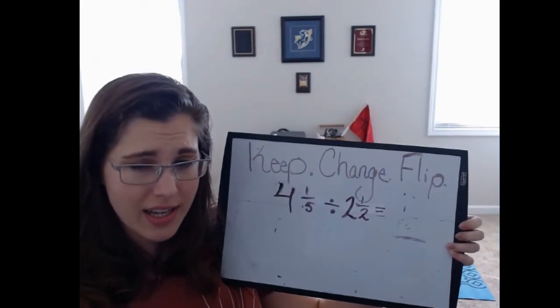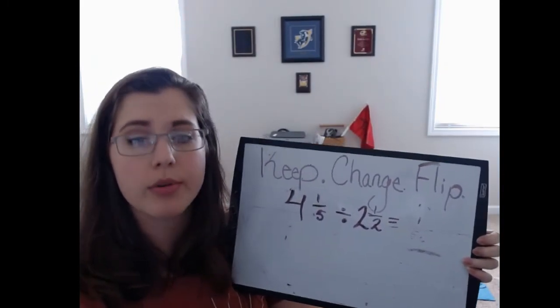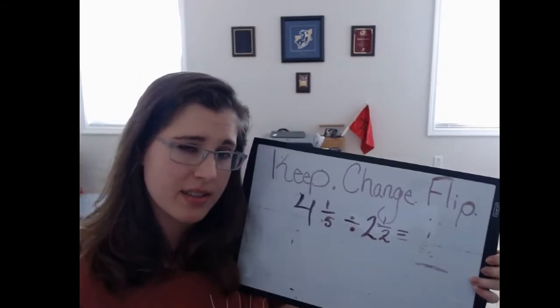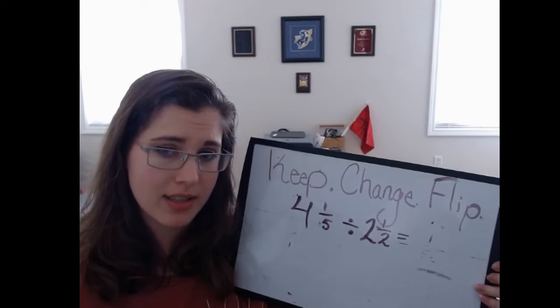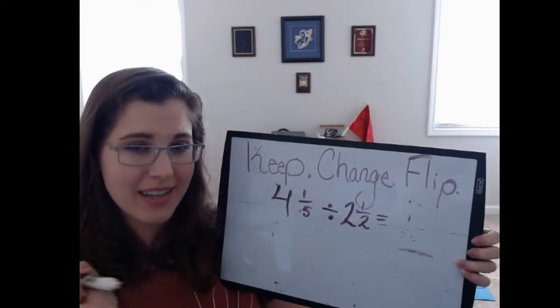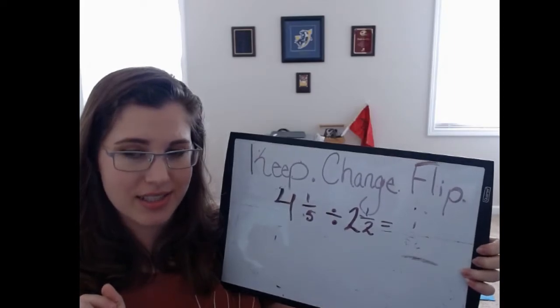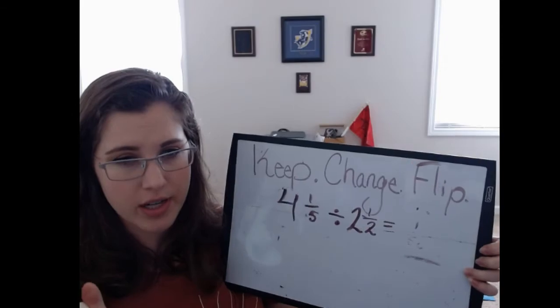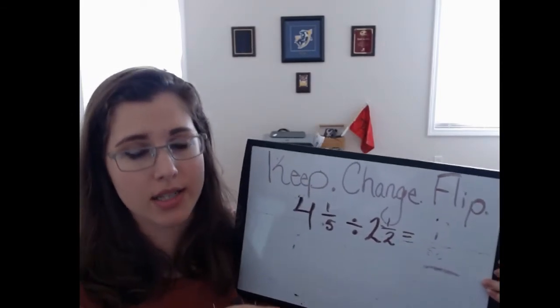Now, if you've forgotten how to change mixed numbers into improper fractions, click back, way back, in the BIS YouTube channel. I did a couple quick practice problems changing mixed numbers into improper fractions, and vice versa. So if you forgot, flip back there, because I'm not going to spend a lot of time on it here.